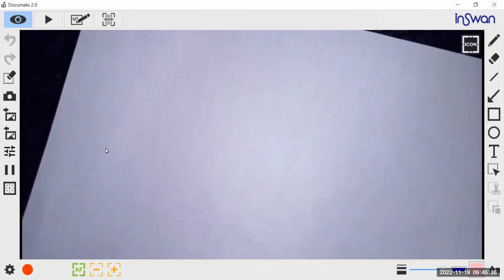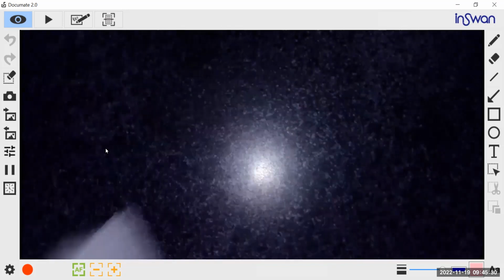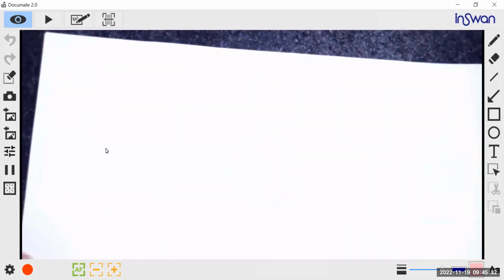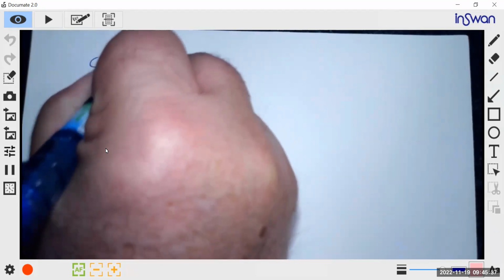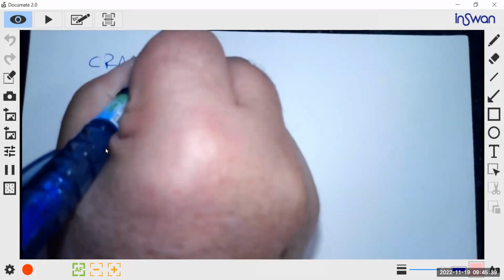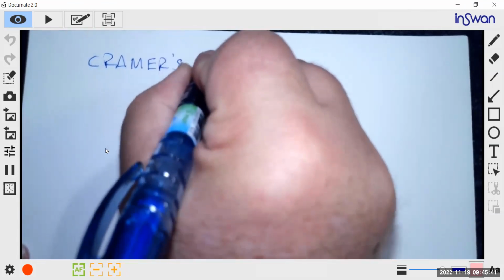Okay, so we use the same equations. This one's called Cramer's rule.